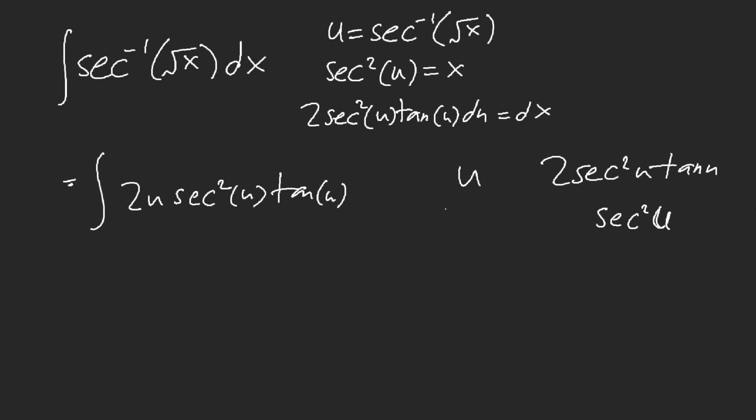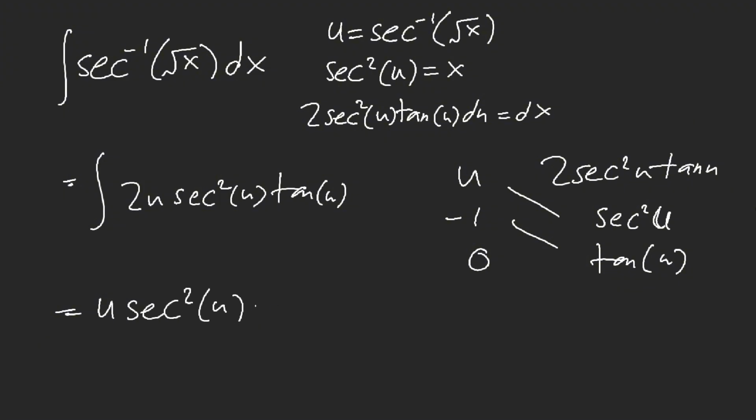I'm just being lazy, I'm sorry. But this and that, tangent of u. So technically you have the answer, so you don't have to work as hard, or think as much, or hesitate as much. So we have u secant squared of u minus tangent of u.